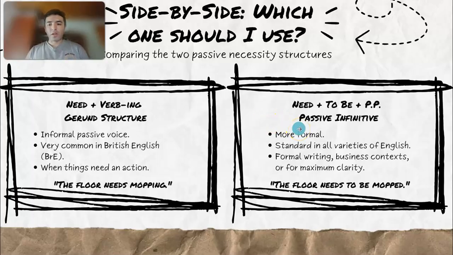And the other structure, need plus to be, plus past participle, the passive infinitive. This is a more formal structure. It is standard in all varieties of English and the formal variety, for business context or for maximum clarity. For example, the floor needs to be mopped.